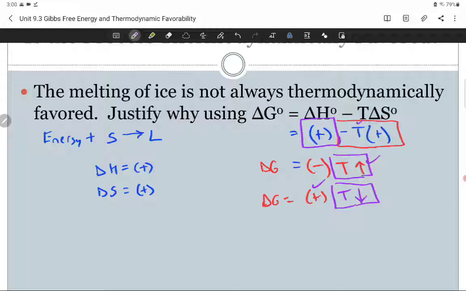So it happens sometimes and it doesn't happen other times. When I say happen, it's not thermodynamically favored to happen all the time. So what is that temperature threshold? Well, I think you guys know it's 0 degrees Celsius, or 273 Kelvin.